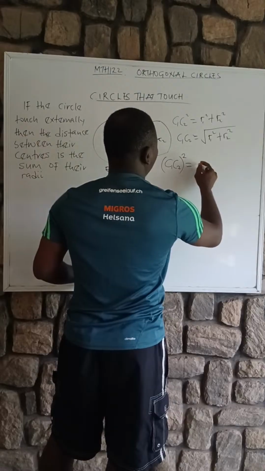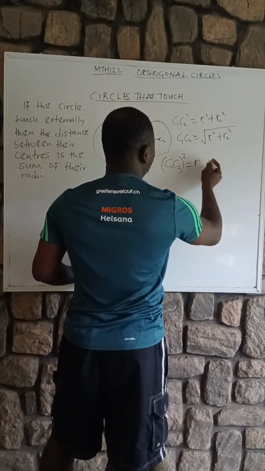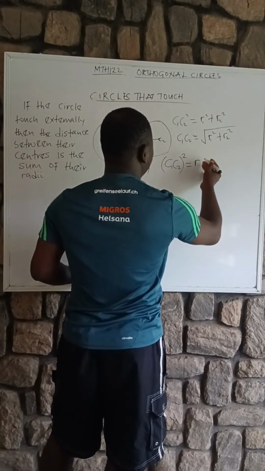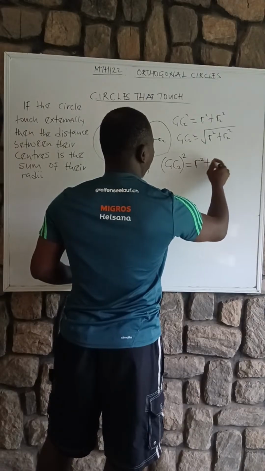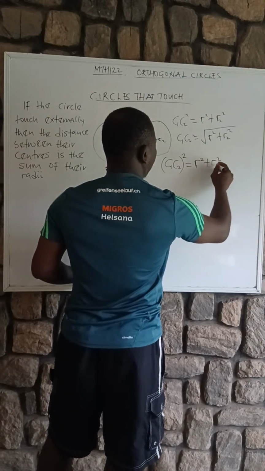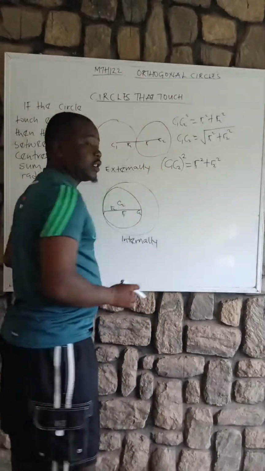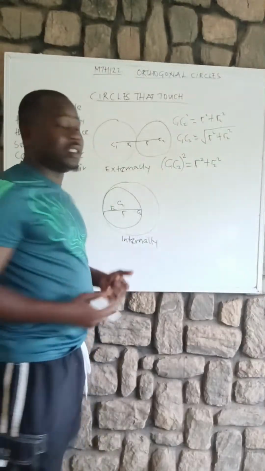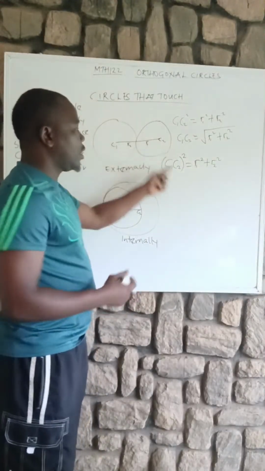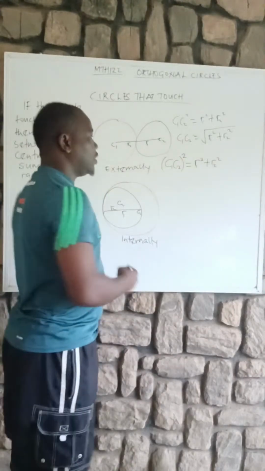It is equal to the sum of their radii, it means r1 squared plus r2 squared. Then we are talking about the distance between the two centers is equal to this. Go back to your Pythagoras theorem. That is what it means.